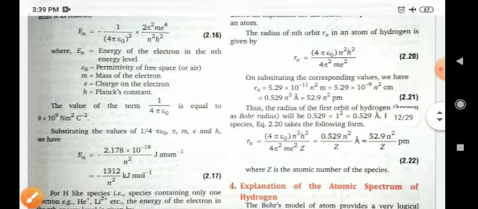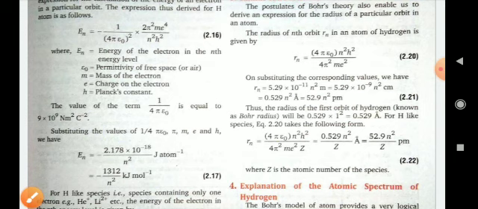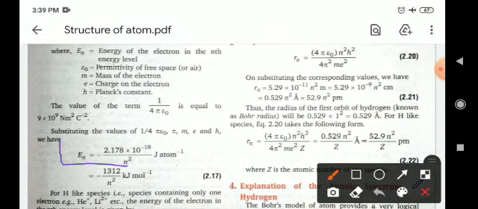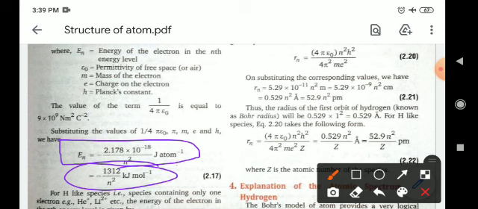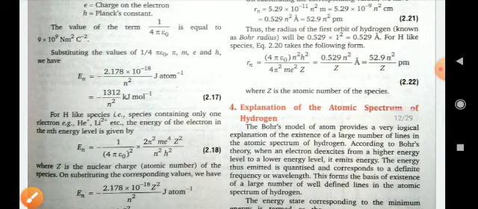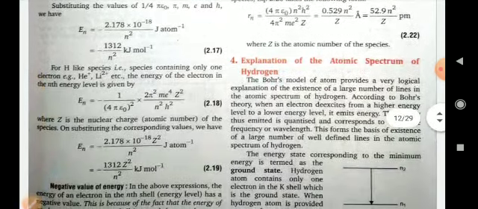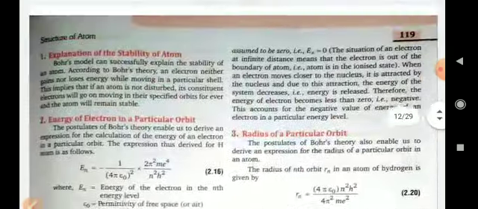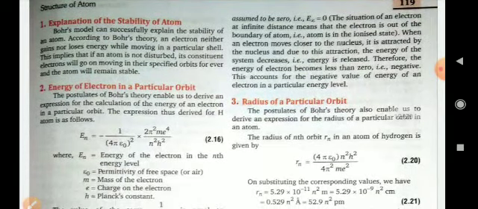If you put in all the values of the constants, you will get this relation, En equals 2.173 into 10 to the power minus 18 upon n square, where n is the number of the orbit. In that condition you can calculate the energy for any orbit. So he gave an expression for the calculation of energy.